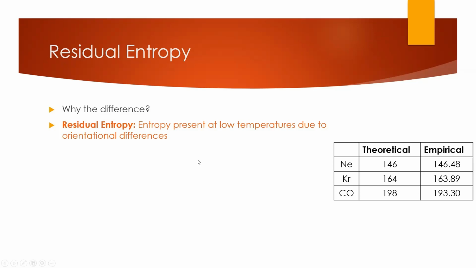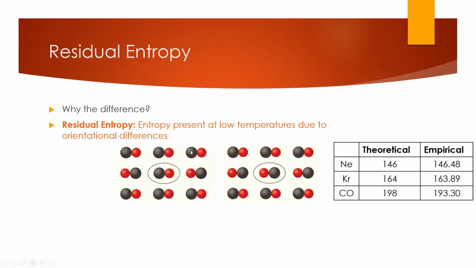So what this means is that at 0 Kelvin, there's not a super strong orientational preference of this molecule, and so we don't actually have a pure crystalline solid. We could, for example, flip this guy in the middle into the opposite orientation. So we can have a different orientation of this molecule.